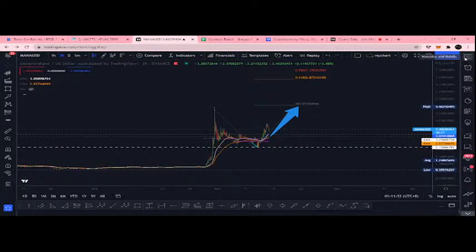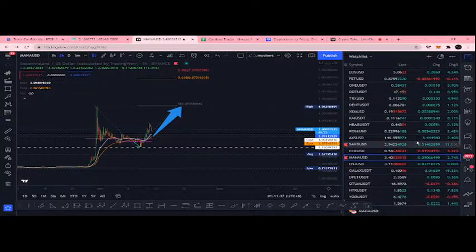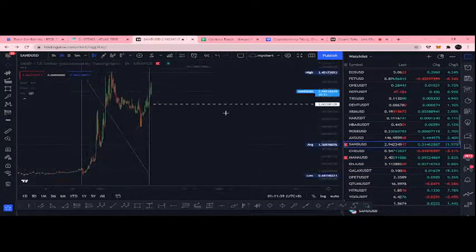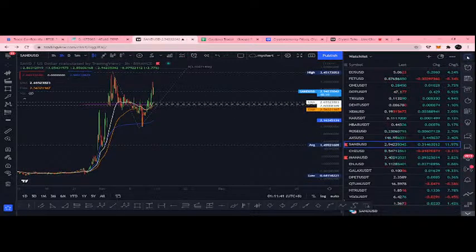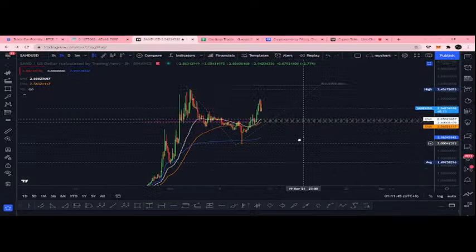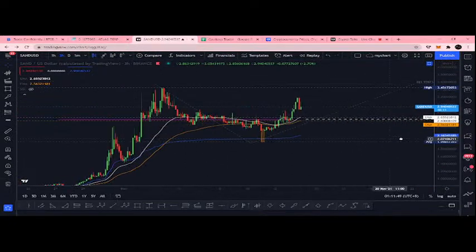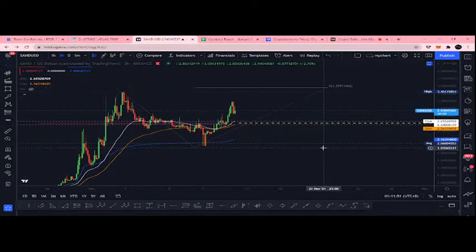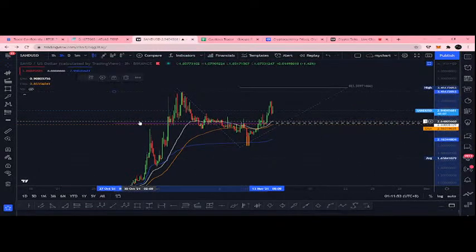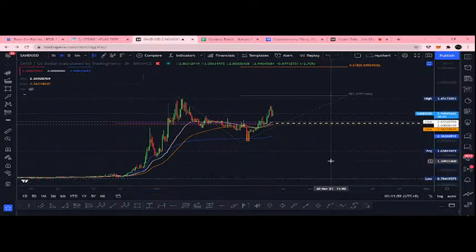So next, aside from that, I have almost the same analysis for SAND. We'll just update the volume profile a bit, because it needs to be updated.